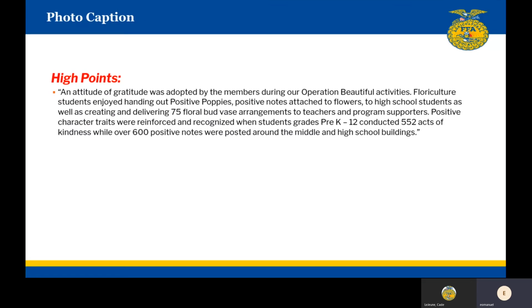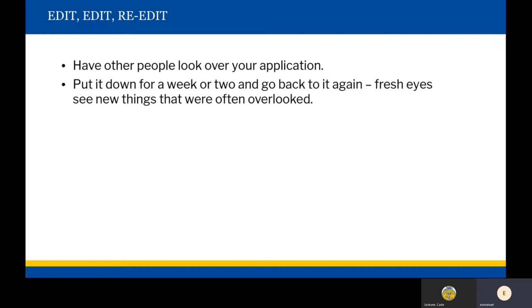They're telling us things that didn't get told anywhere else. Like, they handed out flowers also with the notes and things like that. So we didn't see that other places in the application. Really tell a story. And just put anything else that wasn't in your application in that photo caption.